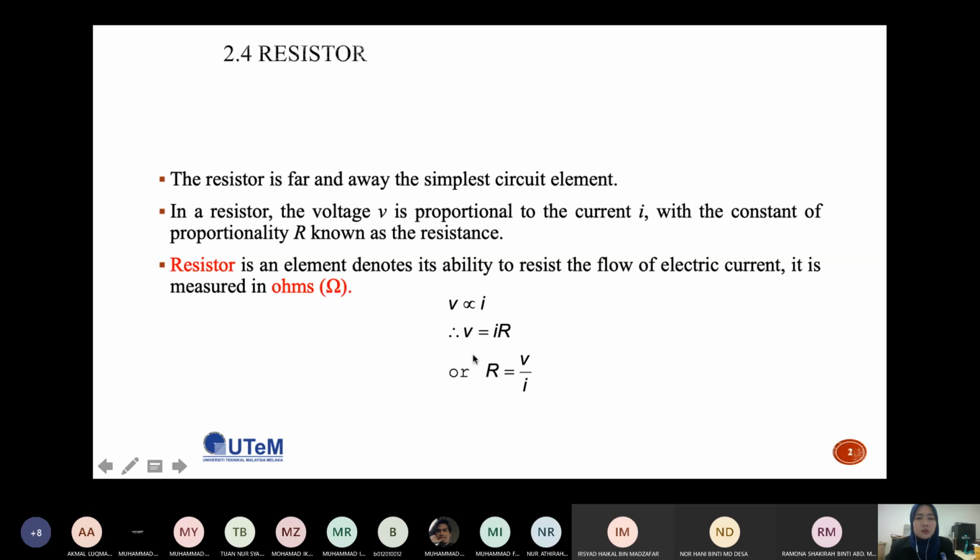Based on Ohm's law, remember, V equals IR, so you can calculate R: R is V over I. A resistor is an element denoting its ability to resist the flow of current, and it is measured in ohms. Its function is to resist the current in a circuit.